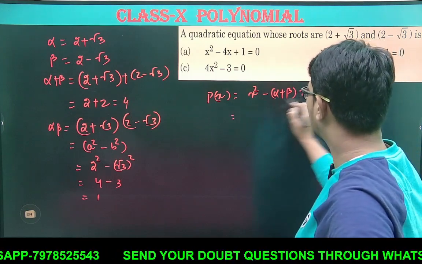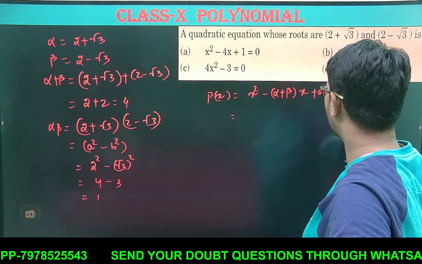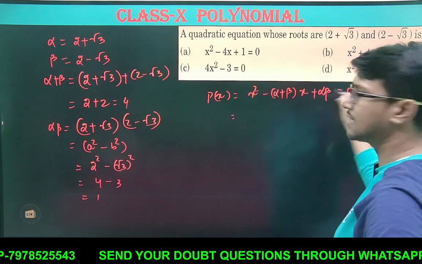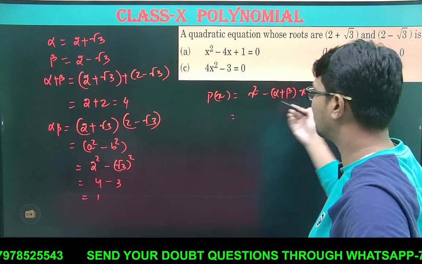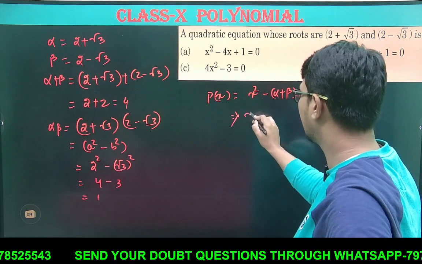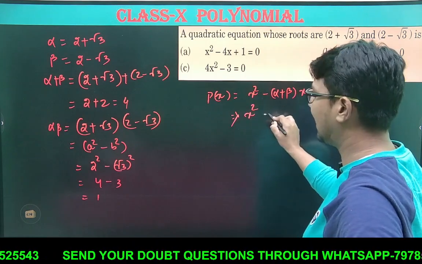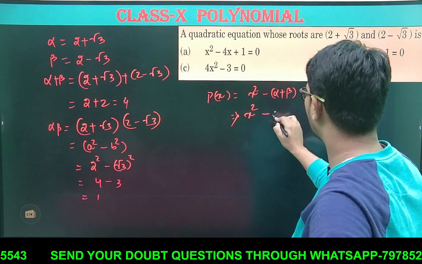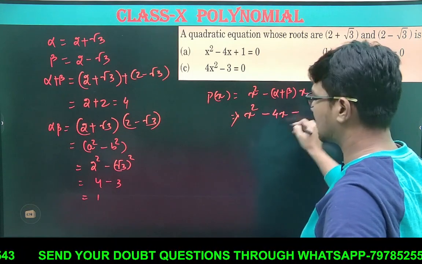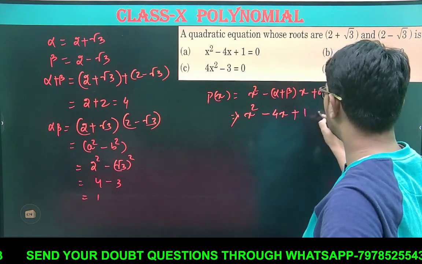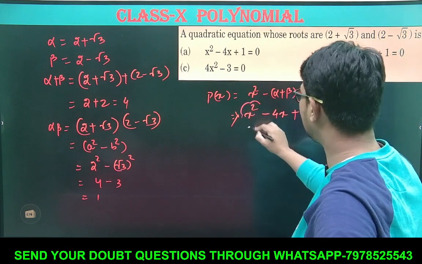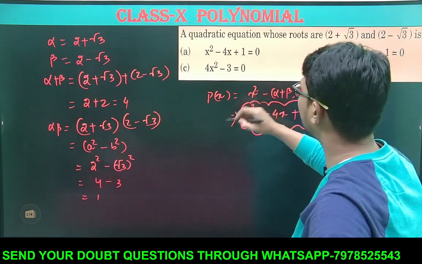Let me also write equals to 0 here: if this is the polynomial, then equating with 0 gives the equation. So this implies x square minus the sum of zeros, which is 4, 4x, plus the product of zeros, which is 1, equals 0. And this is our quadratic equation.